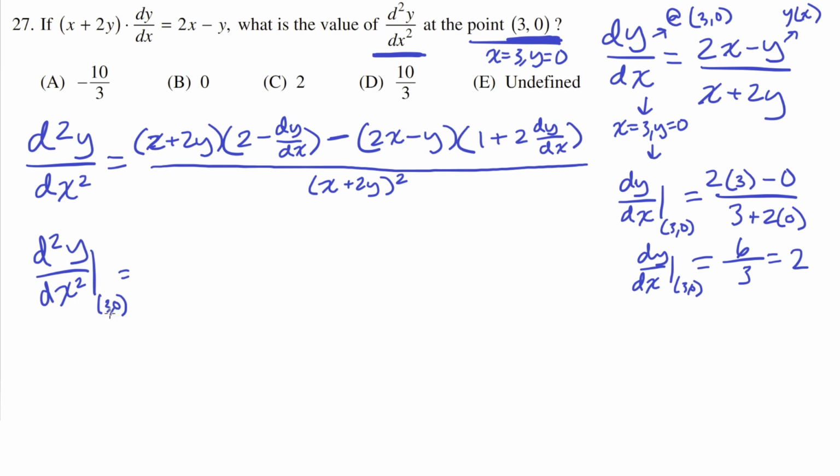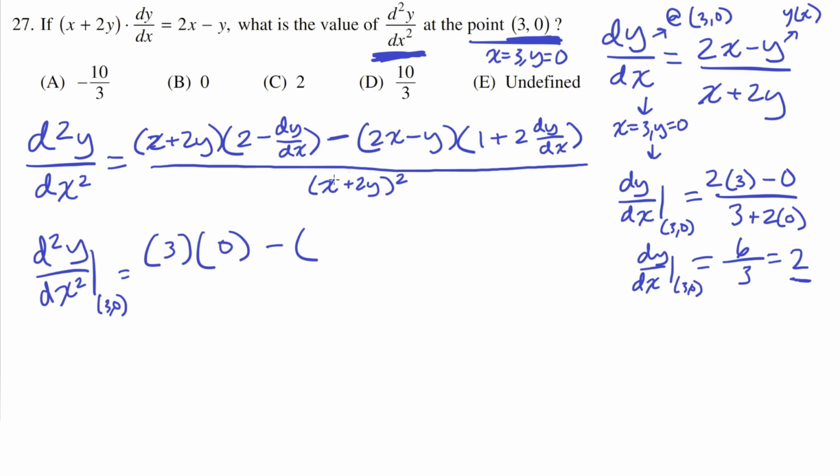Okay, so now let's plug in (3, 0), a y value of 0 and an x value of 3, into the second derivative, which is what the question asked for. So we'll have x + 2y, that's 3 plus 2 times 0, so we'll just have a 3. And then 2 minus dy/dx evaluated at (3, 0), which we just found to be 2. So that's 2 minus 2, which is just 0.